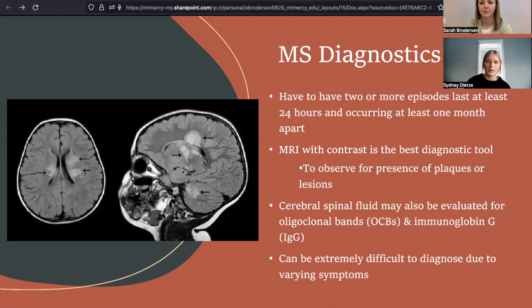Cerebrospinal fluid may also be evaluated for the OCBs or IgG. The OCBs are found in about 90 to 95% of MS patients, and the IgGs are found in about 70 to 90% of the patients. And then again, it can just be extremely difficult to diagnose due to varying symptoms dependent on where the lesions are in the brain.